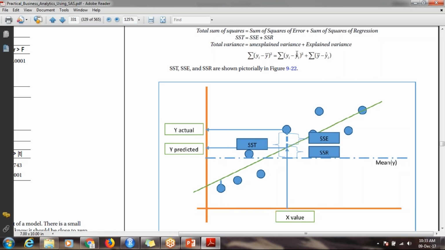This will be my fitted value, this is my actual, and this is my mean value. And it should be squared here, I think it is missing. So this is the entire formula: SST is equal to SSE plus SSR. Hope it makes sense.